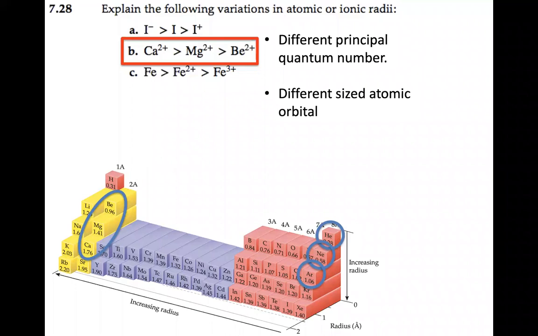Going down a column, they have the same effective nuclear charge, but the valence electrons are being placed in larger and larger orbitals. I think that's all I need to explain that trend going down a column.